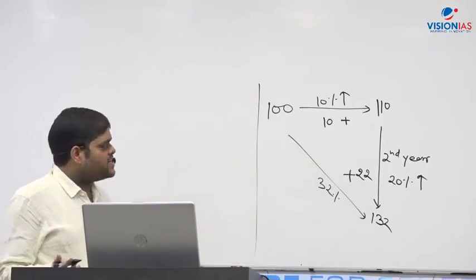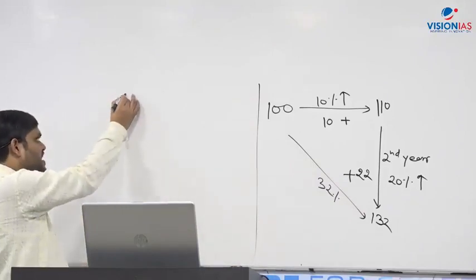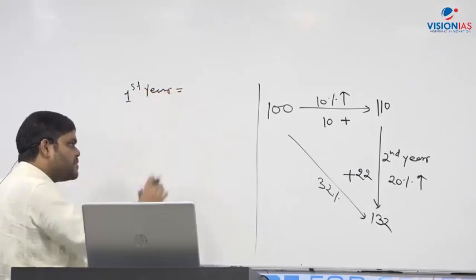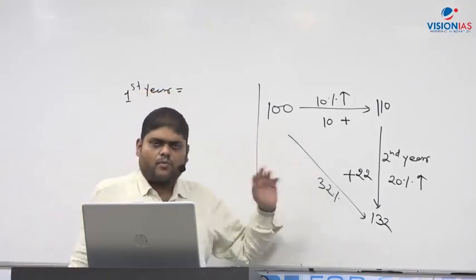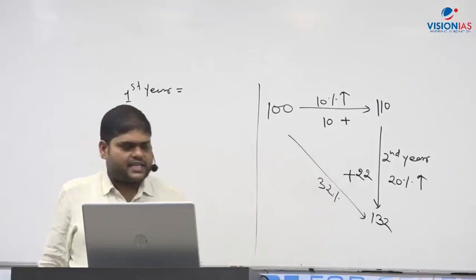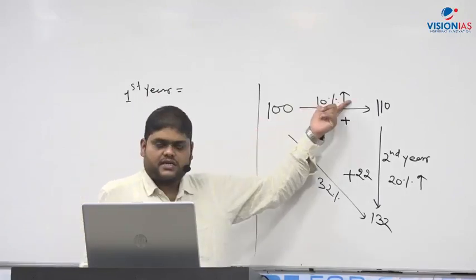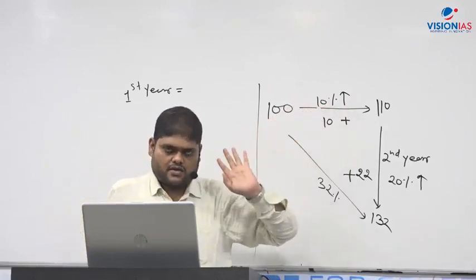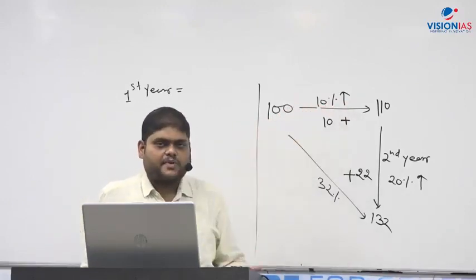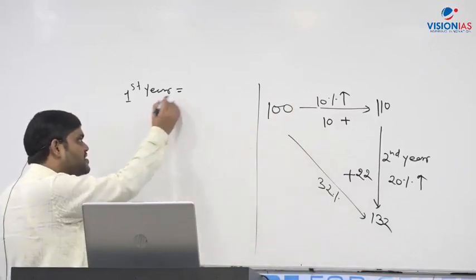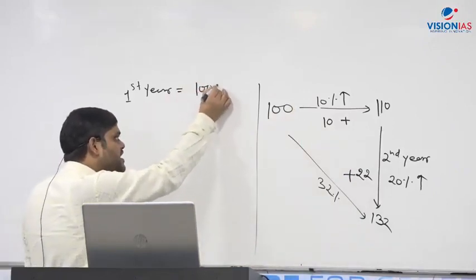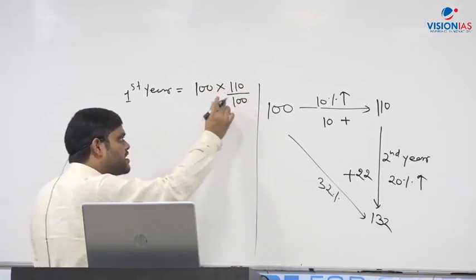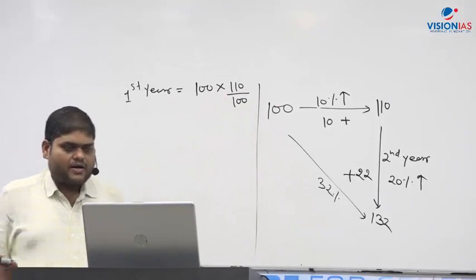The second way to understand: suppose the price is increasing by 10% in the first year. What is the price after the first year? Initially suppose it was 100. When it increased by 10%, this becomes 110 upon 100.